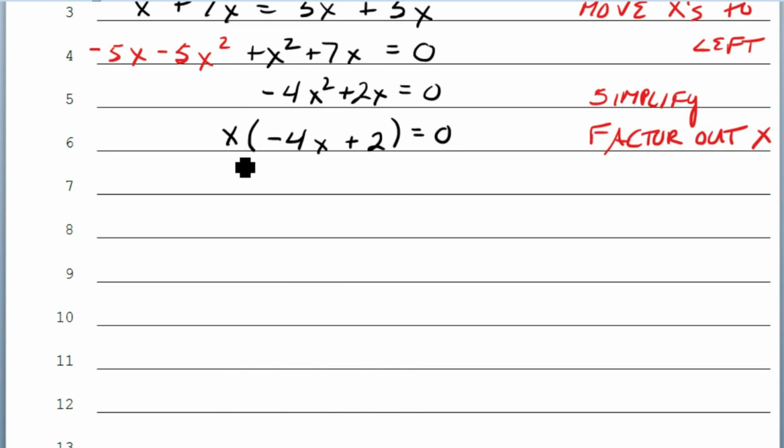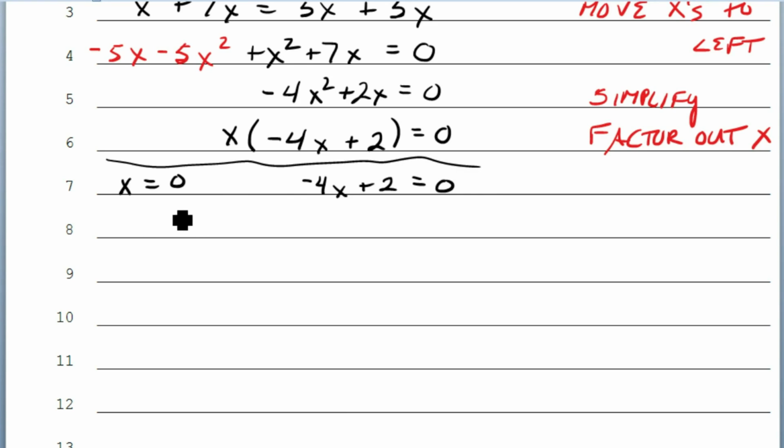And what does this say? x times the quantity minus 4x plus 2 has to equal 0. That'll happen in two ways. Either x equals 0 or minus 4x plus 2 equals 0. Or both factors would equal 0. You have one answer already. x equals 0 will be an answer.